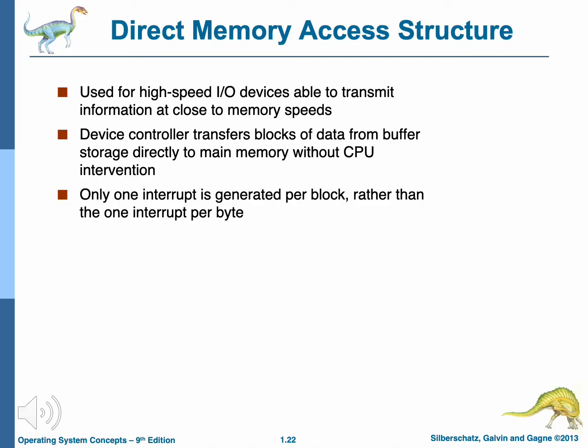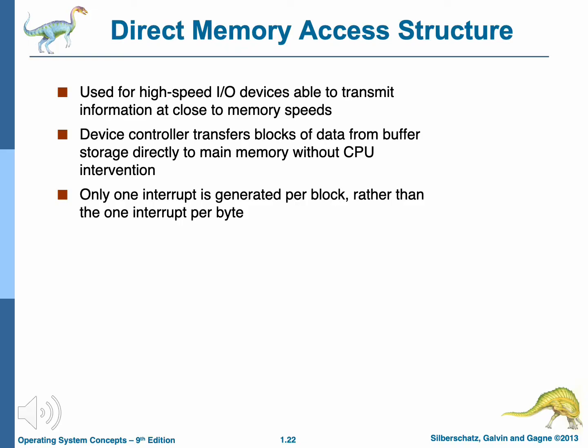After setting up buffers, pointers, and counters for the I/O device, the device controller transfers an entire block of data directly to or from its own buffer storage to memory, with no intervention by the CPU.